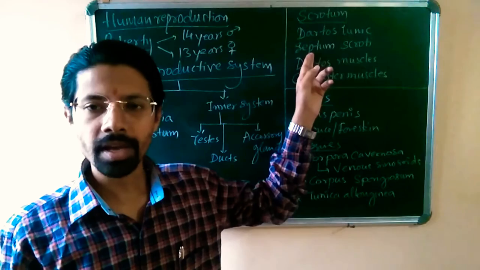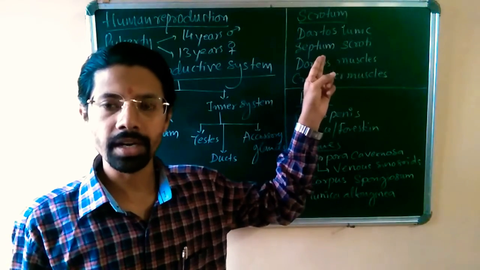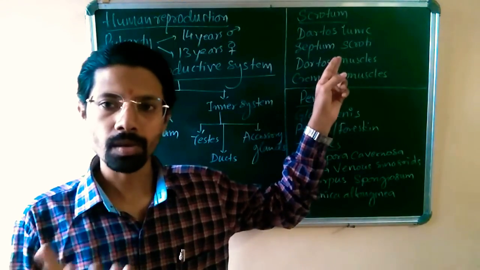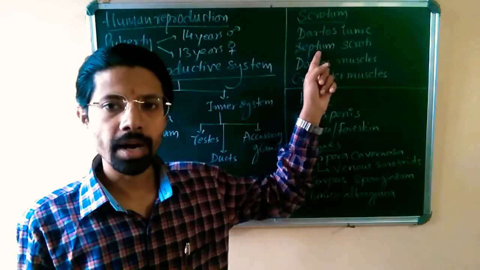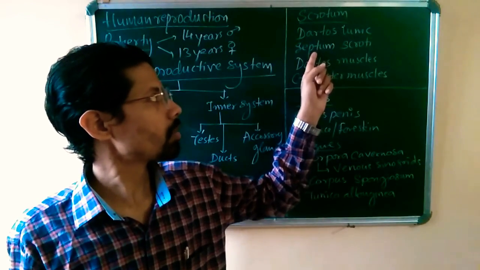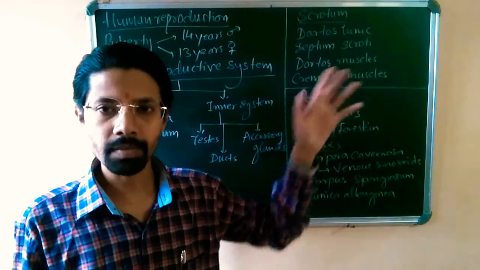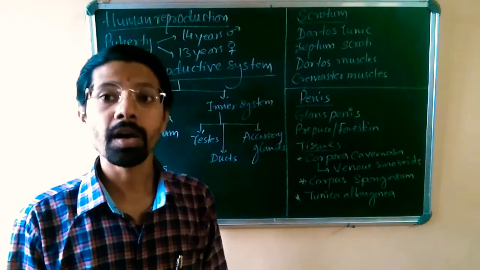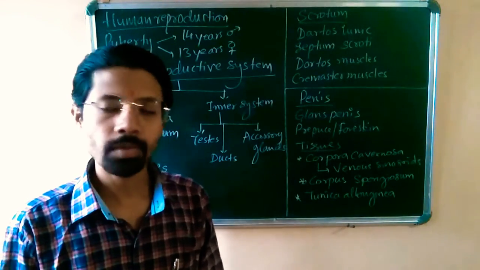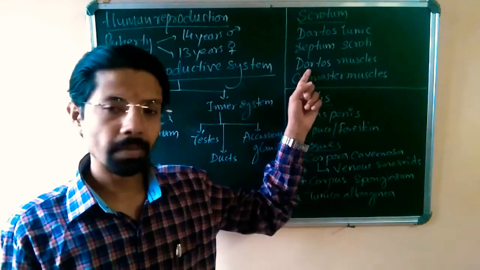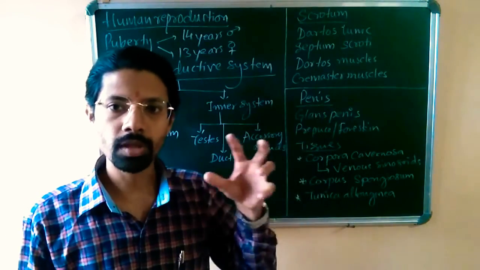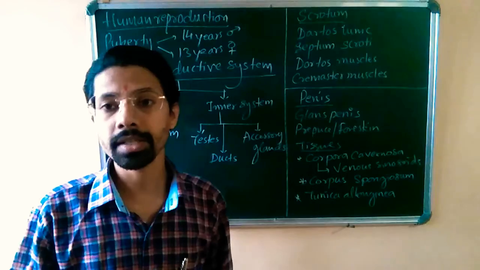Now the scrotum is generally naturally divided into two parts, that is left and right part. So they are divided with the help of a structure called septum scroti. So the septum which divides the left and right part of the scrotal sacs is a septum scroti. And then the muscles which control the movement of the scrotal sac to regulate the temperature.